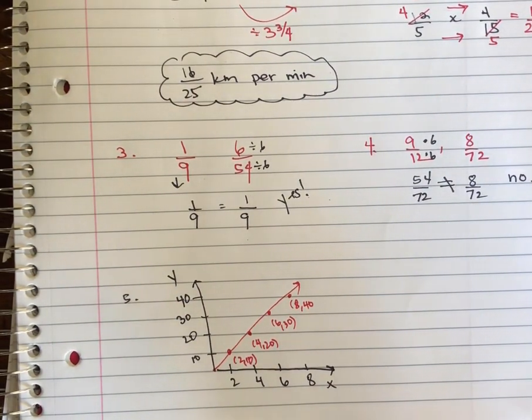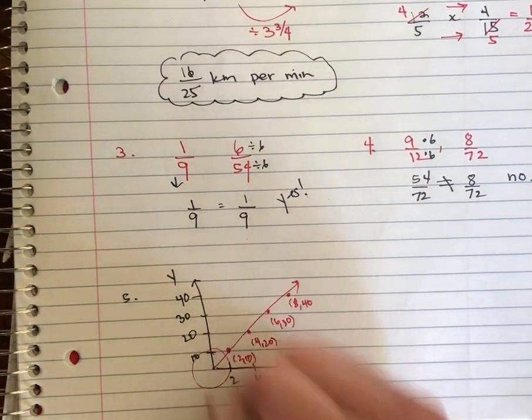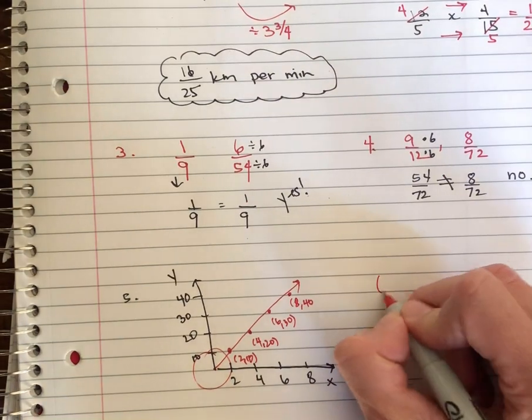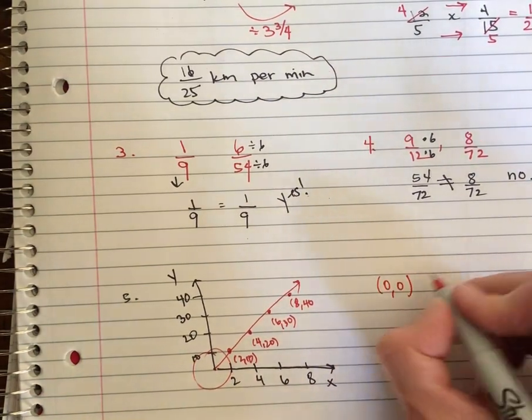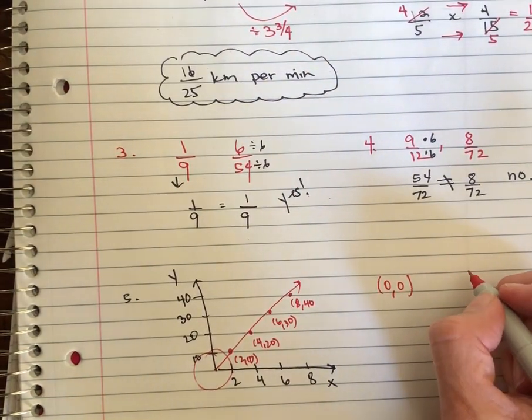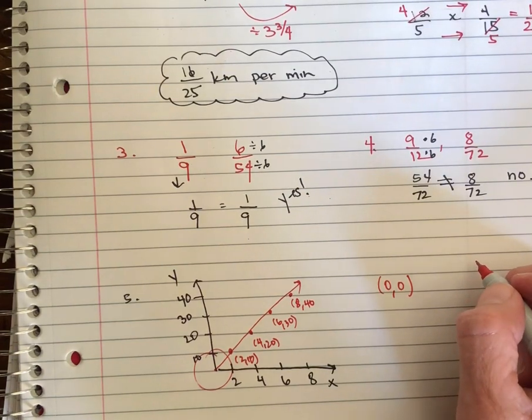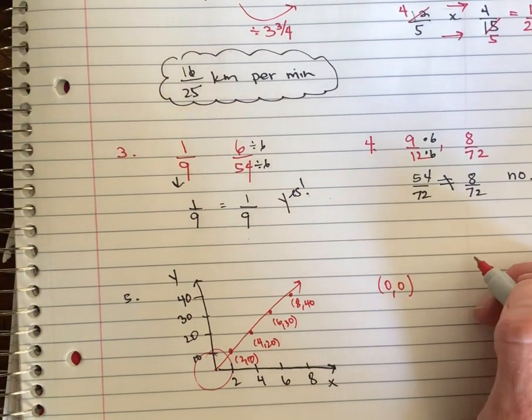Okay, so how do we know if it's a proportion, or how do we know if X and Y are in a proportional relationship? This is the key right here, okay? Anytime a graph passes through (0, 0), or you can call it the origin, we would say yes.